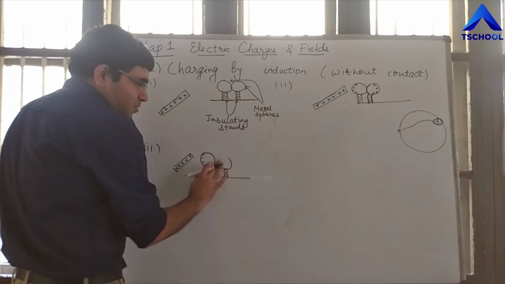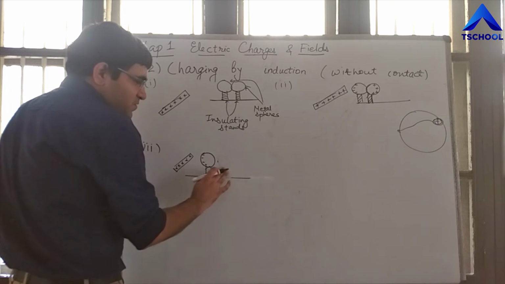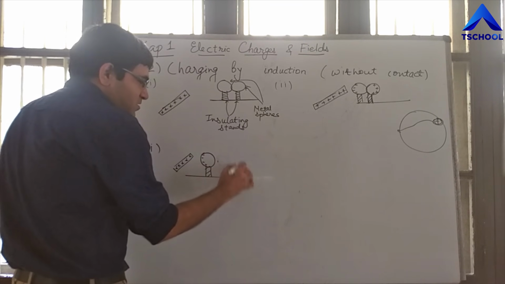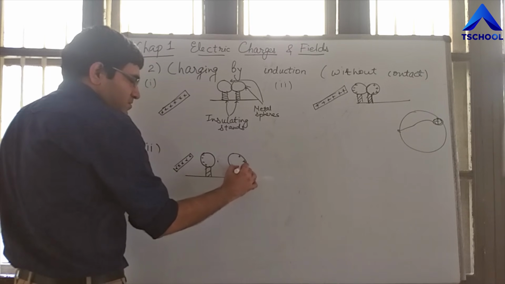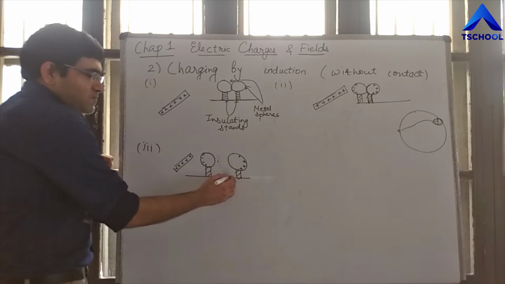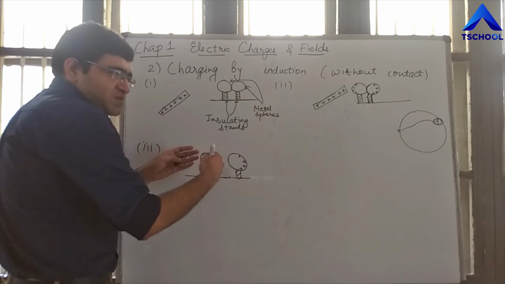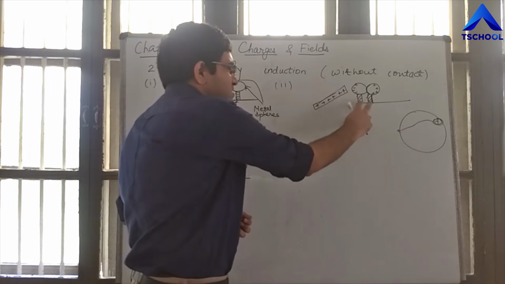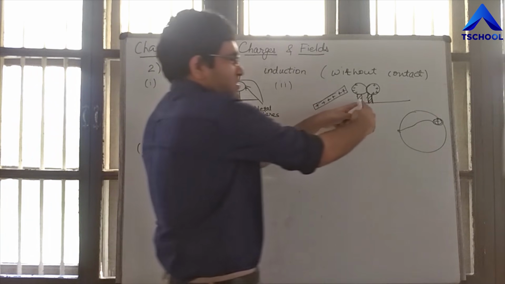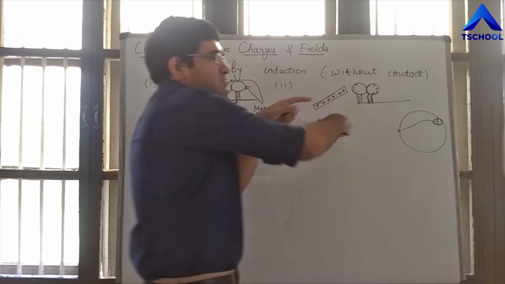Let me just draw this very clearly so that each one of you can see it in the video. Like this. So what we have is this. Now we have separated these two. Now you might ask, how can we separate them? Again, like I've said, that's what these stands are for. You put your fingers between these two and then let them slide.